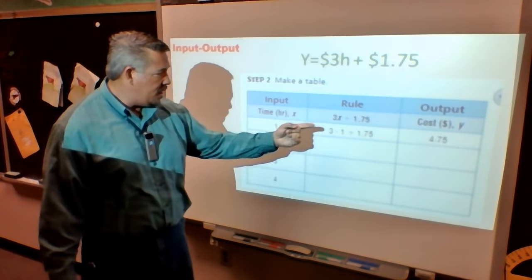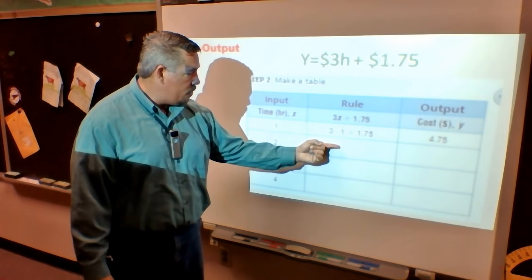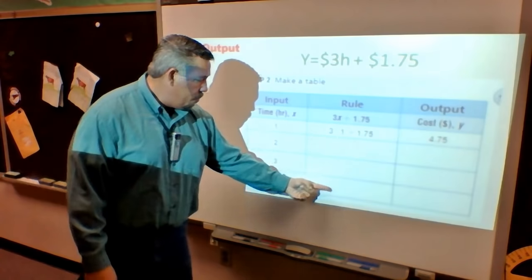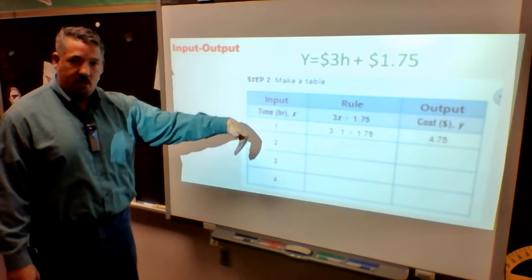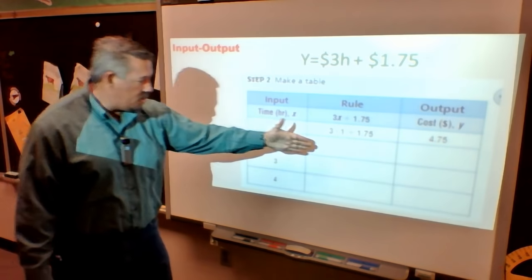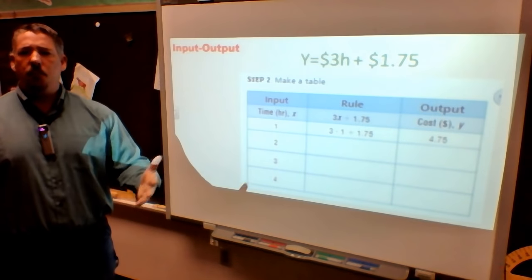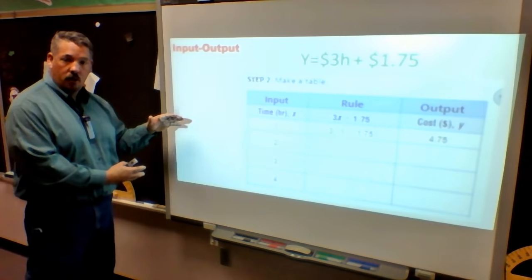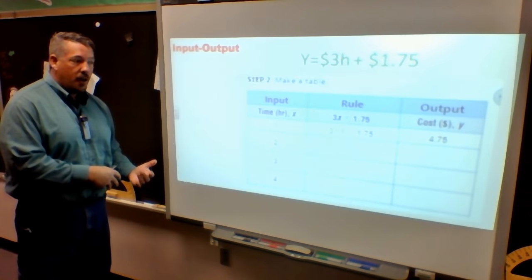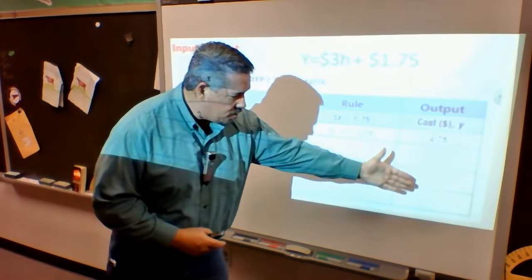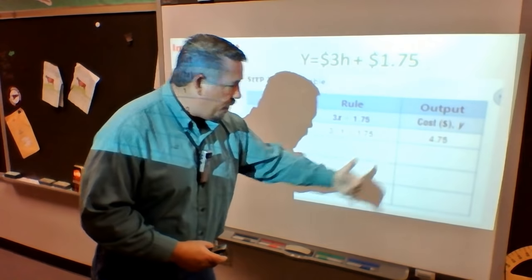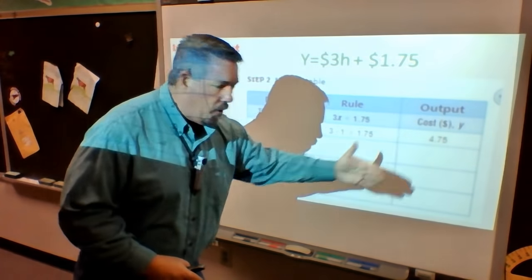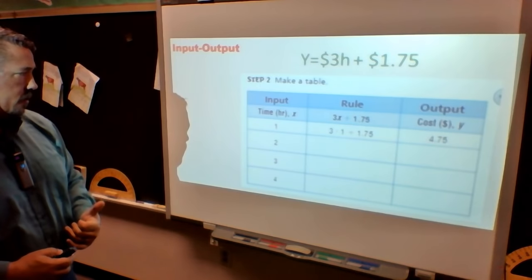It matters that I do my work correctly. And then I see that each time on this one, I have to build the rule, build the rule, build the rule, using that substitution method, because if I don't show that, I miss a point, which is really silly. And then I'm going to show work, so I get another point. And then I'll put my answer, my dependent variable, my output of what y is equal to.